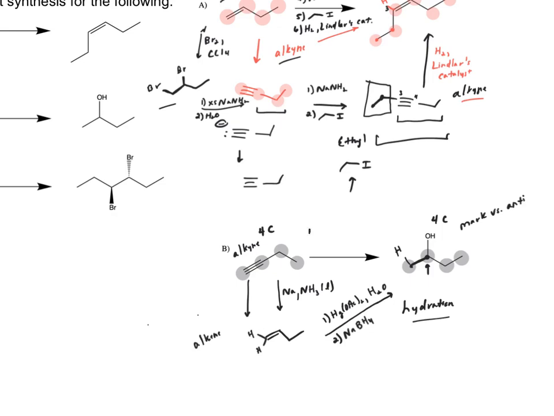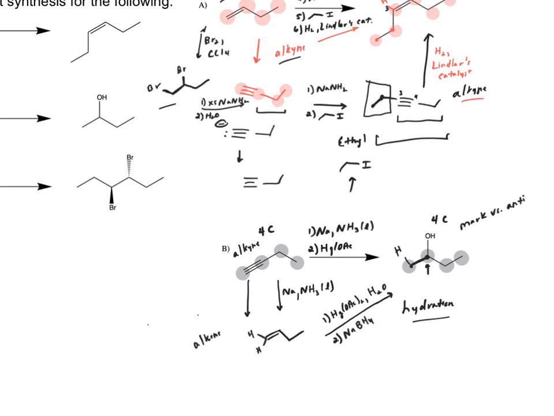So in our first step, we'll use that dissolving metal reduction, so sodium in the presence of liquid ammonia. Once we have our alkene, then to hydrate it, all we need to do is use our oxymercuration.